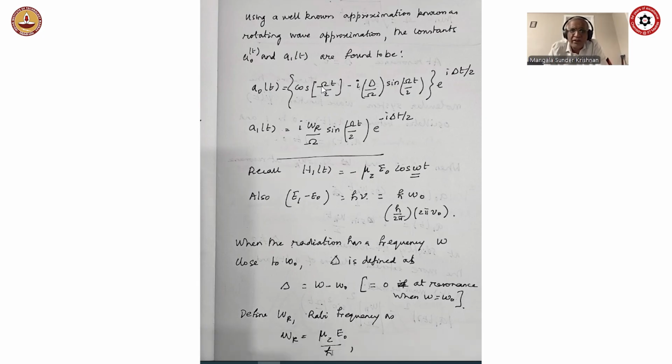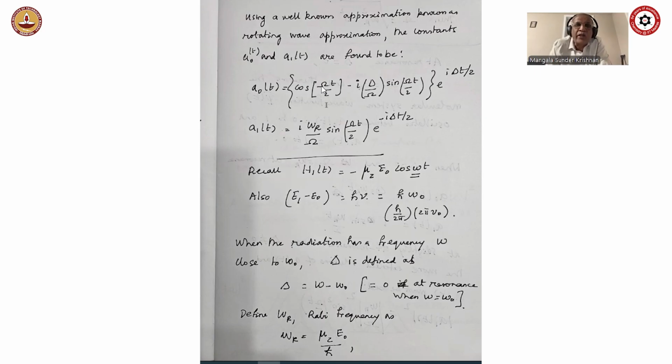That's a constant. So the Rabi frequency omega r is named in honor of a very famous physicist and Nobel laureate who discovered molecular beam resonance in the 1930s, almost 100 years ago. He was at Columbia, a very famous physicist, and in honor of his contributions, this frequency is known as the Rabi frequency. It's nothing other than the strength of the dipole and the strength of the electromagnetic field, E naught, over h bar.